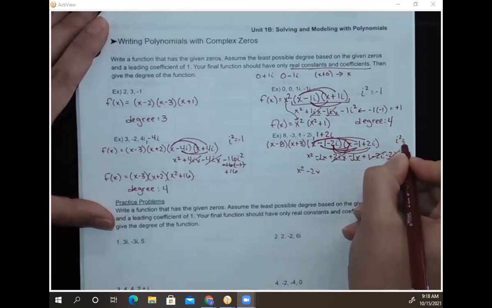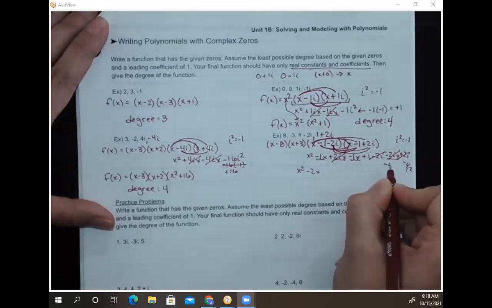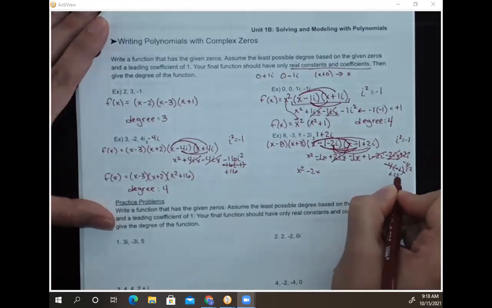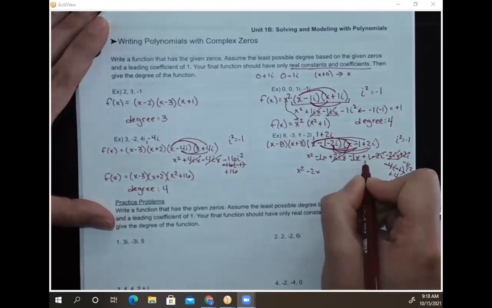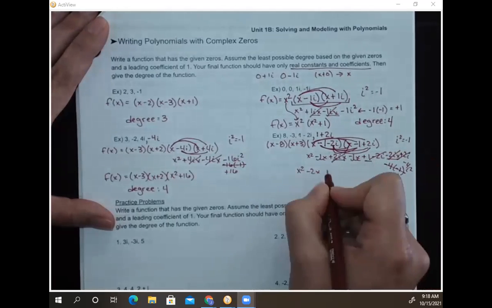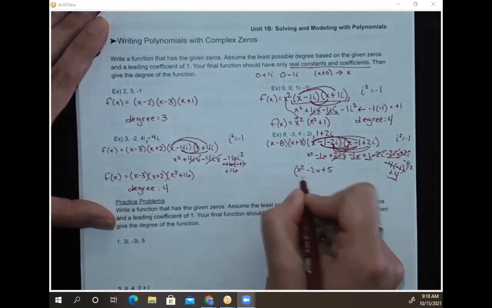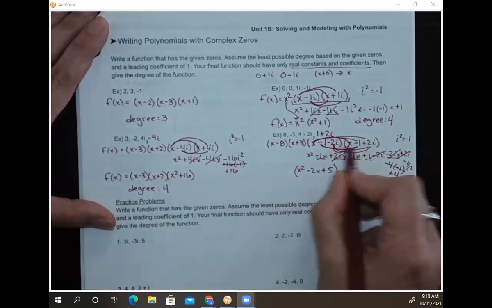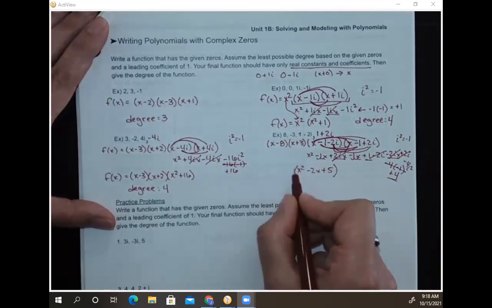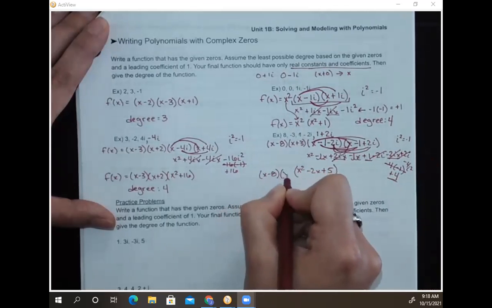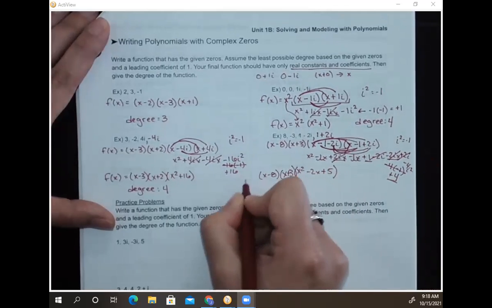We know that i squared equals negative 1. So this is actually negative 4 times negative 1, which would be positive 4. So then finally I've got 1 plus 4, that's 5. So these two multiplied together give me this, and then I've got x minus 8 times x plus 3.